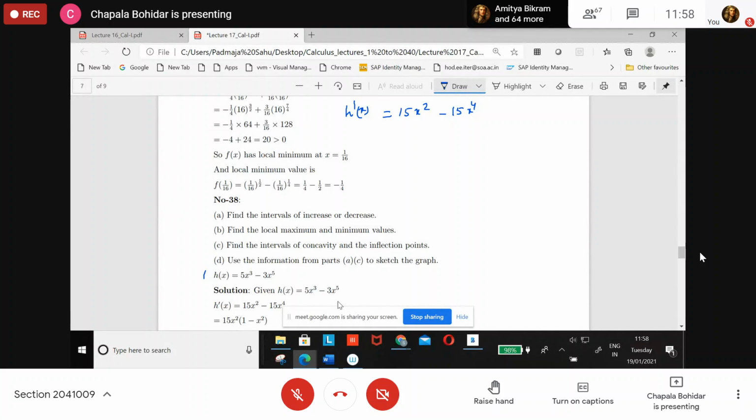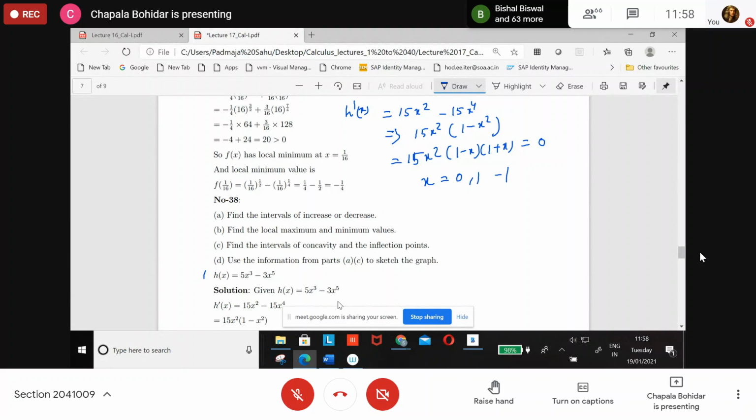So take common 15x square. So 1 minus x square, that is equal to 15x square, 1 minus x, 1 plus x equal to 0. The value of x is 0, 1 and minus 1.